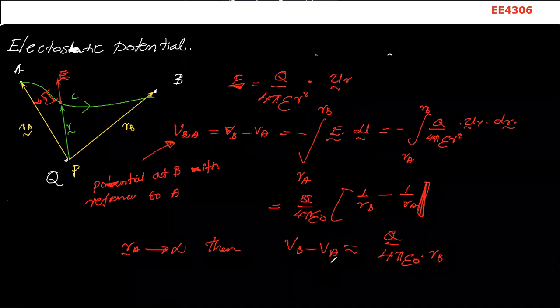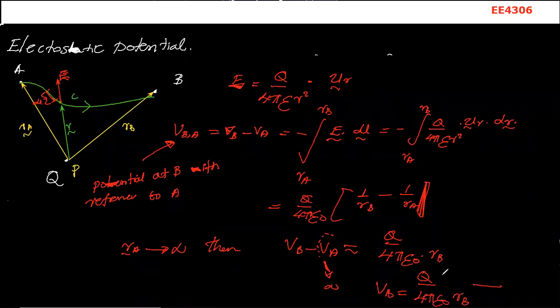When you move this RA to infinity, then this term becomes 0. Therefore, VB equals Q divided by 4 pi epsilon naught into RB. So this is the equation for the electric potential.